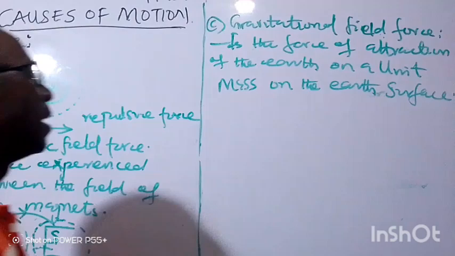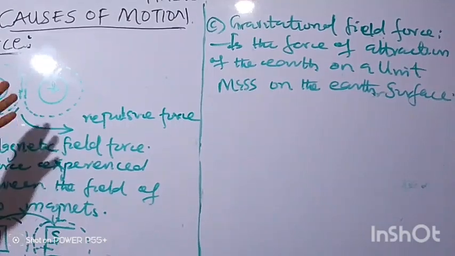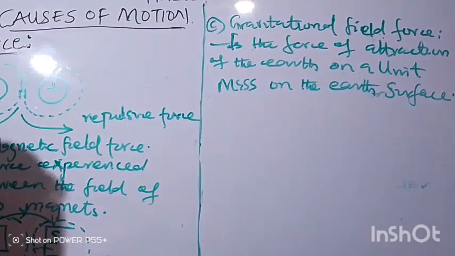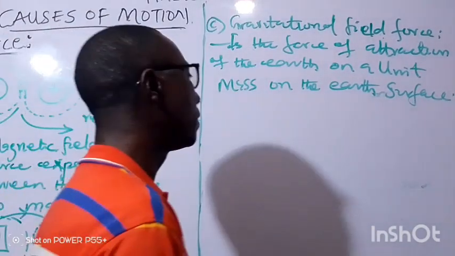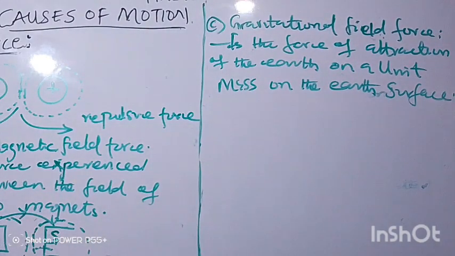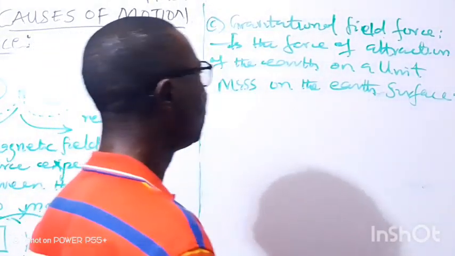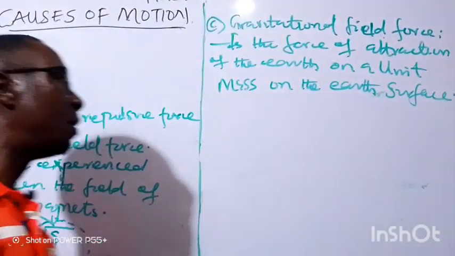So these are the possible examples of non-contact force. We've mentioned three. One, electric field force. Two, magnetic field force. Three, gravitational field force. And under contact force, we mentioned six.